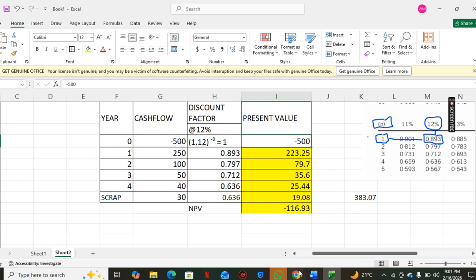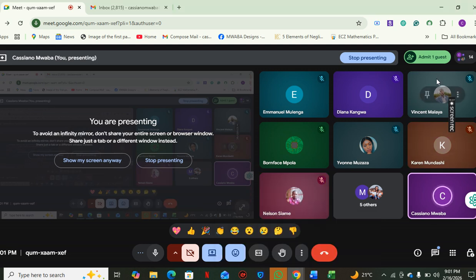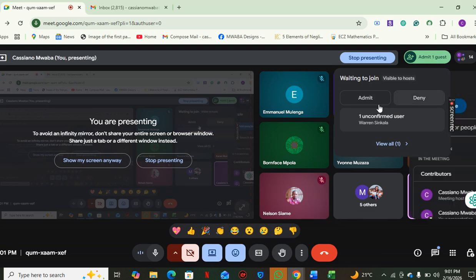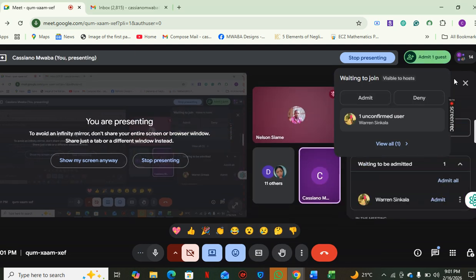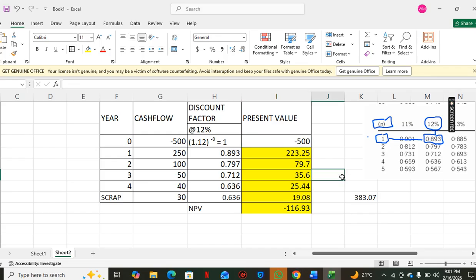So since our net present value is negative, it's less than 0, we reject the project. We reject buying X. Any questions?